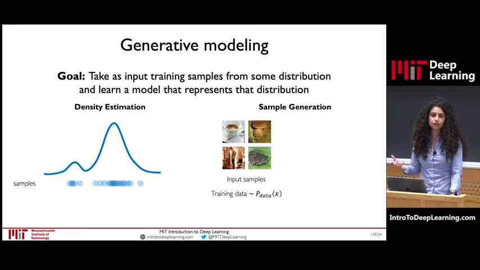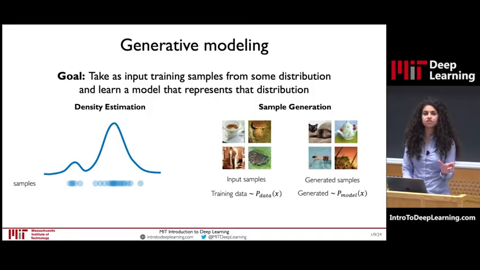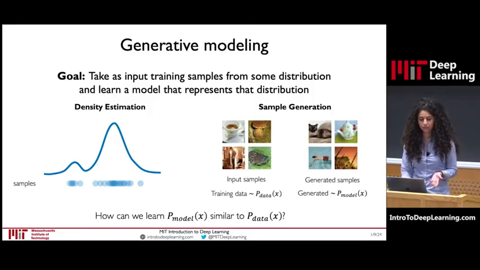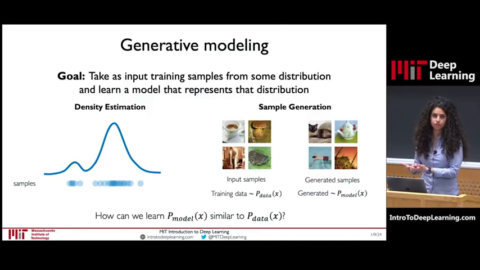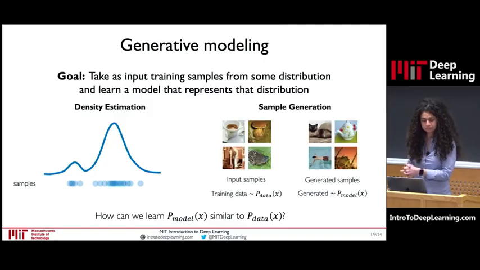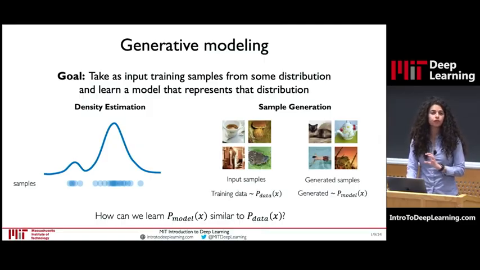Can I use this sampling operation to actually generate new data instances? This is the notion of sample generation. The common point to both these use cases of generative modeling is the question of how we can learn a very good model of the probability distribution that is similar to the true probability distribution of our real data. It's a very powerful idea and a framework that's useful in a lot of different settings beyond just generating images of people's faces.